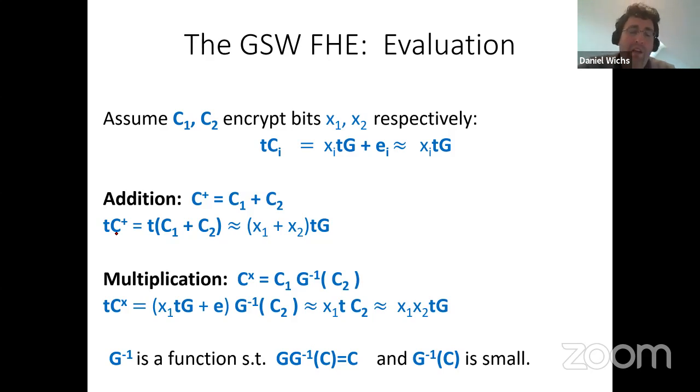So with this way of multiplying the ciphertexts, you can do a simple calculation and check that the result correctly encrypts the product of the two bits, x1 times x2 times g. Okay, so this lets me do addition and multiplication. Therefore, I can evaluate any circuit on encrypted data.